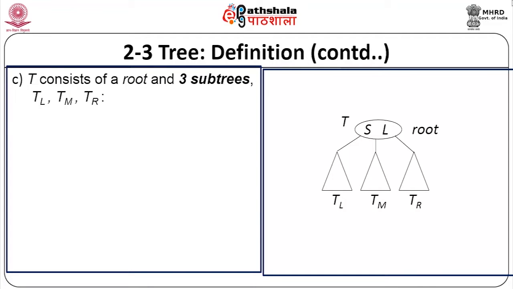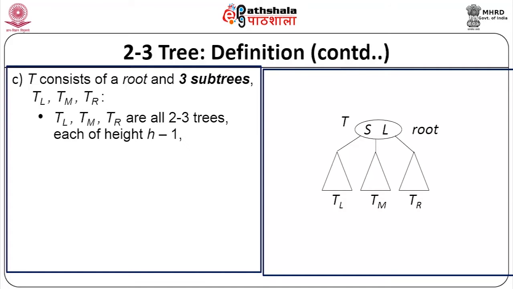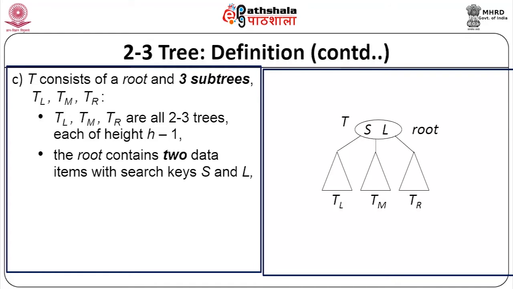So, T contains a root and 3 subtrees: TL, TM and TR, meaning left, middle and right. If you look at the node, it is a 2-3 tree. TL, TM and TR are all 2-3 trees themselves, each of height h minus 1, all the same height.